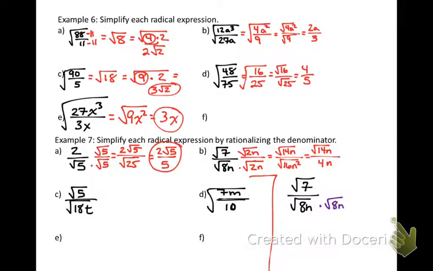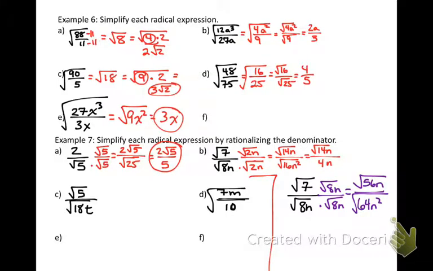You could do square root of 8n and square root of 8n. So you would have square root of 64n squared on the bottom, and square root of 56n on top.